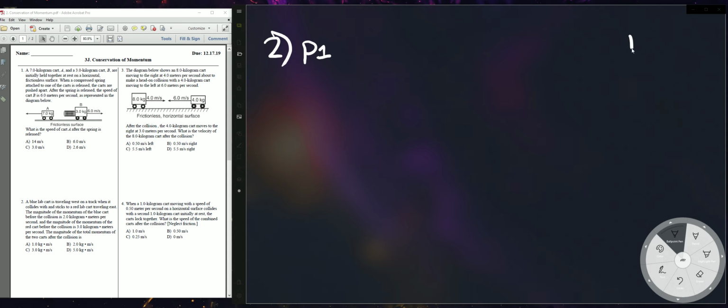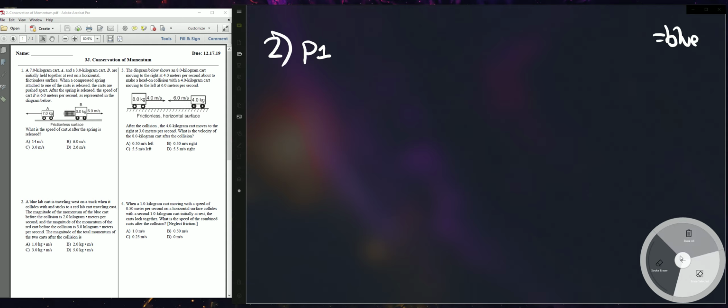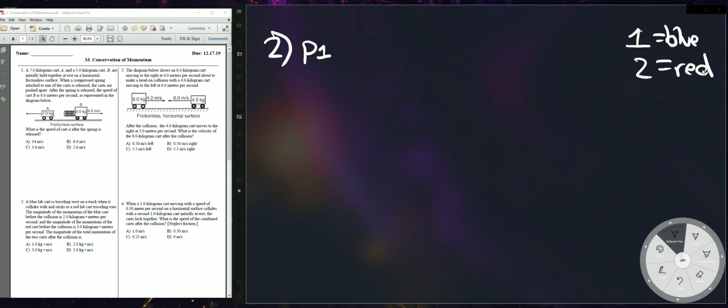Alright, so let me give you a key. So 1 is the blue car, and the red car is going to be 2, so that's object 2.